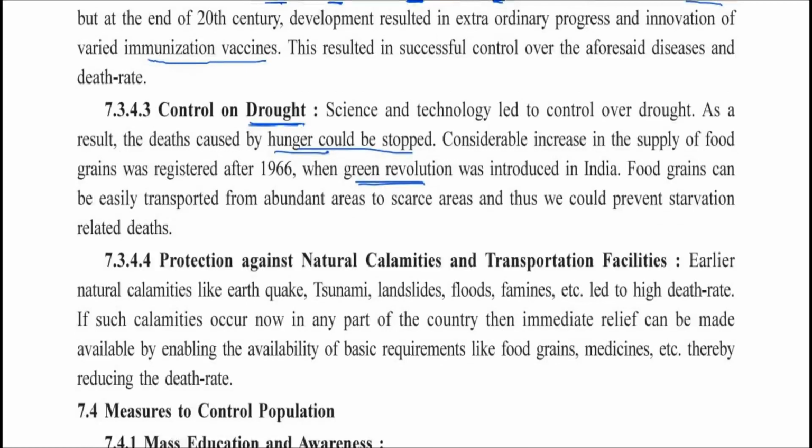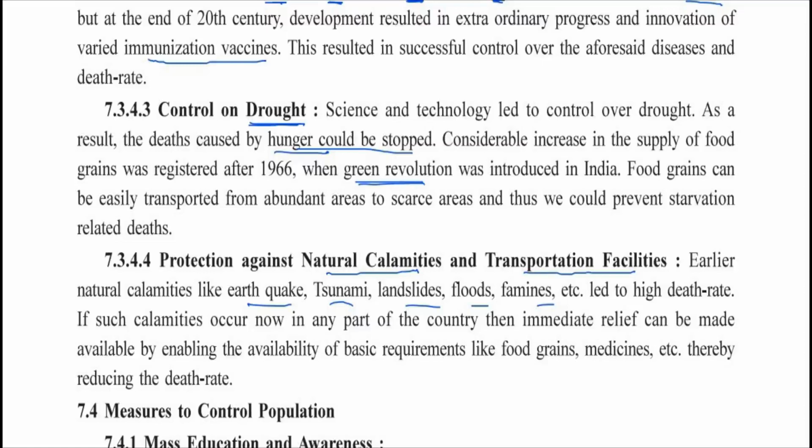Then there's better protection against natural calamities, and transport facilities also are better. Natural calamities like earthquake, tsunami, landslides, floods, famines. In earlier times they led to a high death rate because we had no control over them. Today we have better control. Why? Because we have better systems of warning about these calamities, and also better infrastructure facilities and better technology to cope with these challenges.